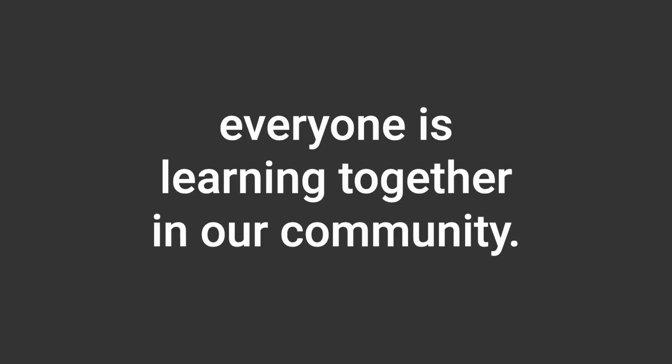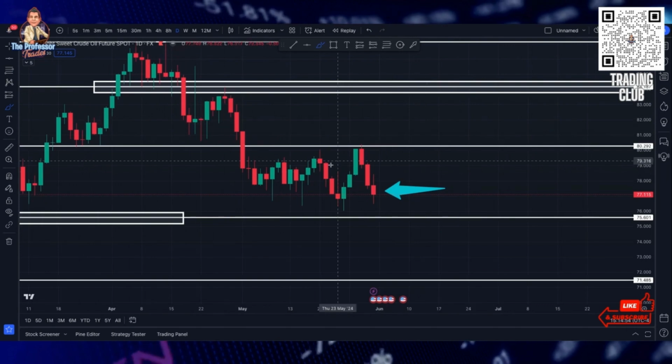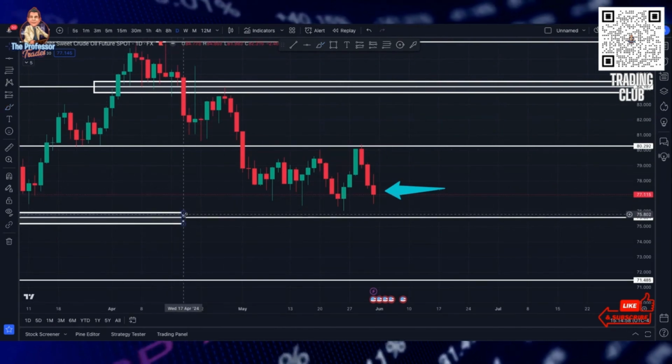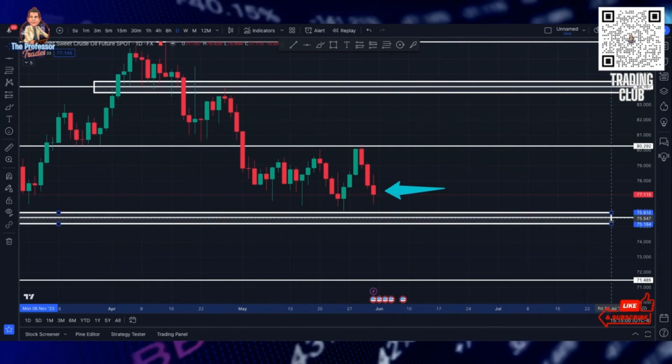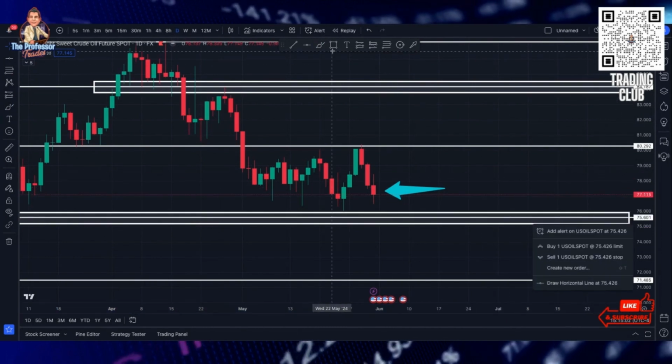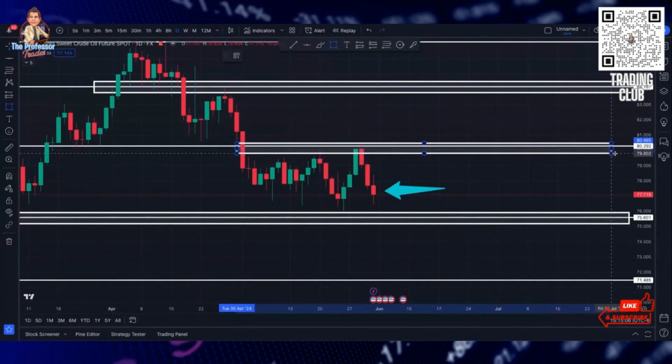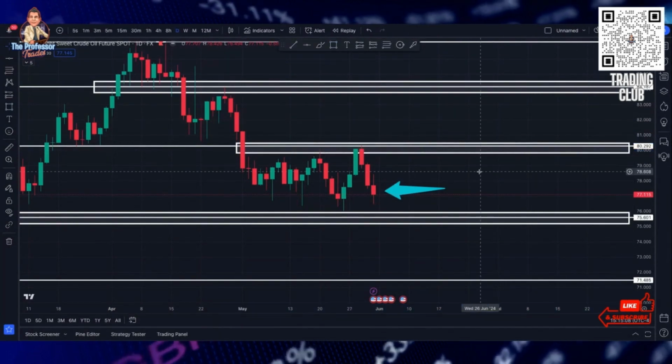Okay, so we are back on the daily chart still. And what I want to do now is extend this bottom level here so you have it. And then I also want to give you the visual of the current playing field that we are going to be playing.